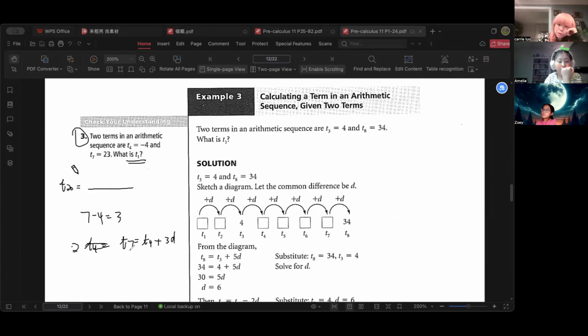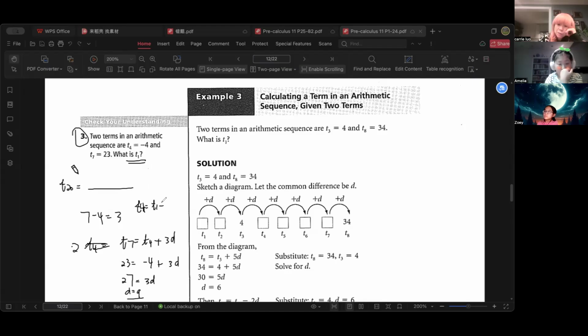Yeah. So what is T7? T7 is 23. What is T4? T4 is -4. So 23 equals -4 plus 3D. So 27 equals 3D. So D equals what? D equals 9.